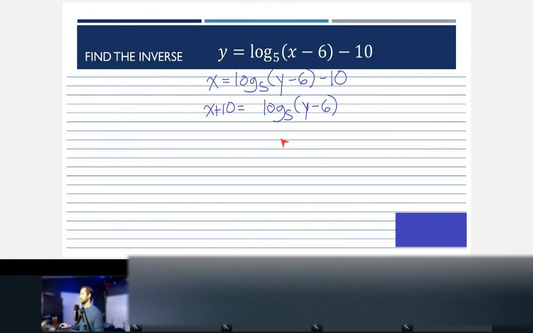So let me do that in green. We are going to base 5. So we got 5 raised to x plus 10 and 5 raised to all that stuff.